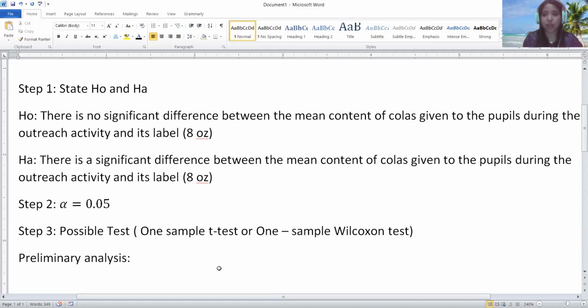But aside from that, let us consider another way to check for normality using an inferential test called the one sample Kolmogorov-Smirnov test. In doing the computation, we are going to use an online calculator. So what is the website for this online calculator? This is the one sample Kolmogorov-Smirnov test of normality.